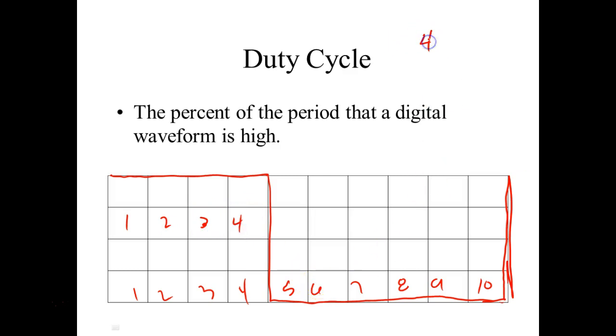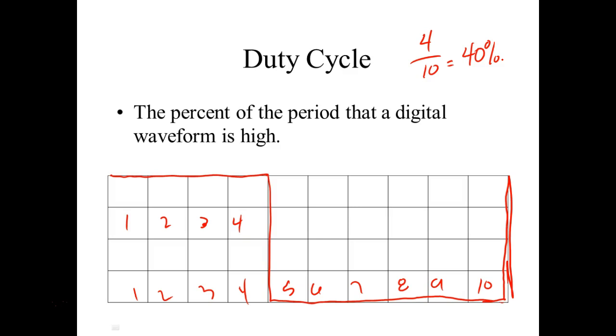So it's going to be 4 tenths, which would be 40%. It's the percent of the period that is high. It makes no difference what you start with and what you end with.